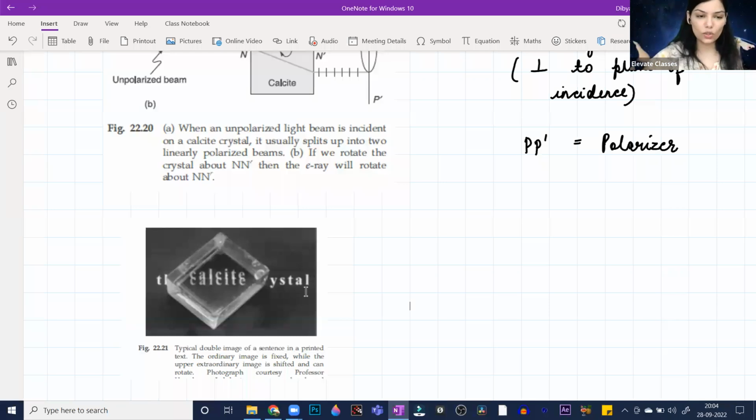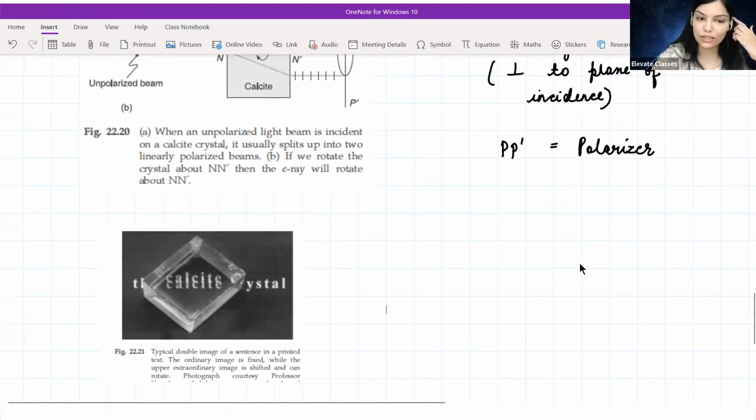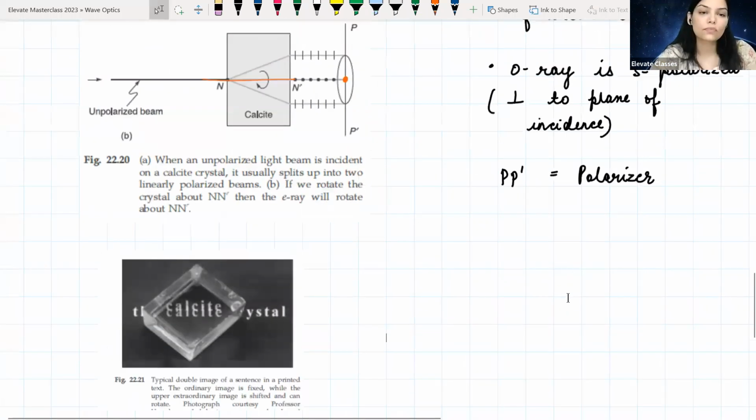Do not look at the images produced outside right now, just look at the images you can see directly through the crystal. One slightly above and one slightly below. One of these is formed by the extraordinary ray and the other by the ordinary ray. So this is how typical double refraction looks.